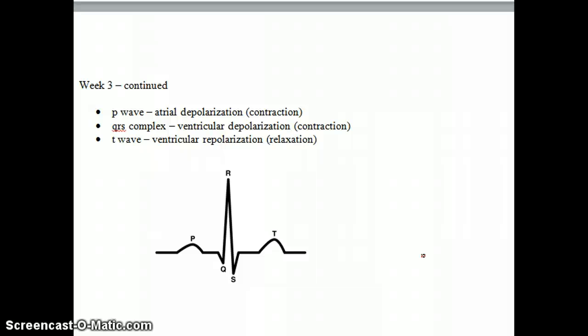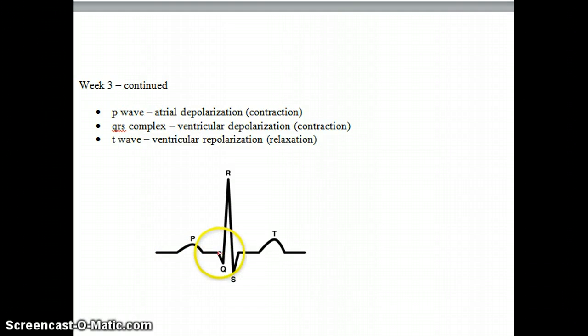So the very first deflection is called the P wave, and that represents atrial depolarization. Remember, the word depolarization means contraction. Here on the diagram is showing you the P wave. Then you have the QRS complex.